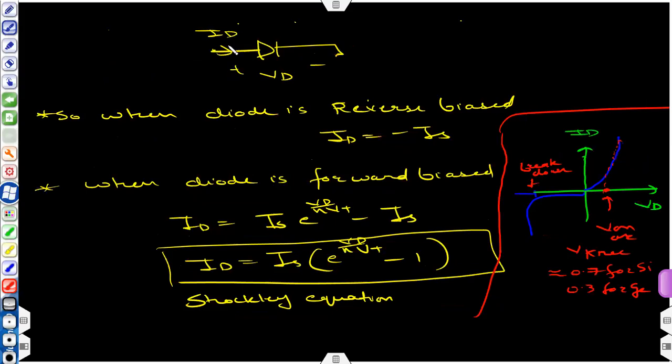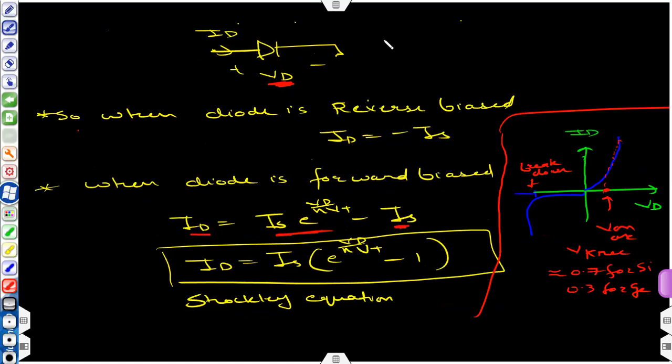So ID, if your diode is in the forward bias region having a voltage drop of Vd, is given by IS e raised to the power Vd by eta Vt. That is because of majority charge carriers. And this IS, which flows from N to P, is because of minority charge carriers.